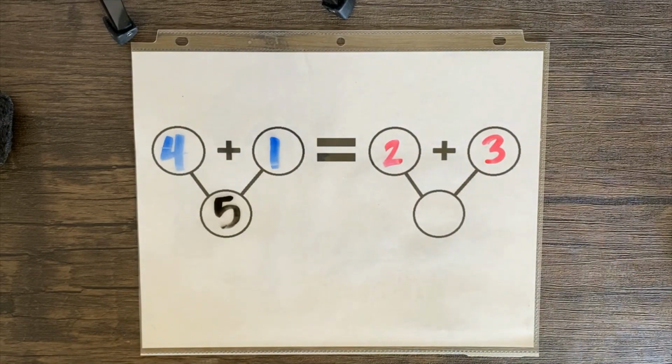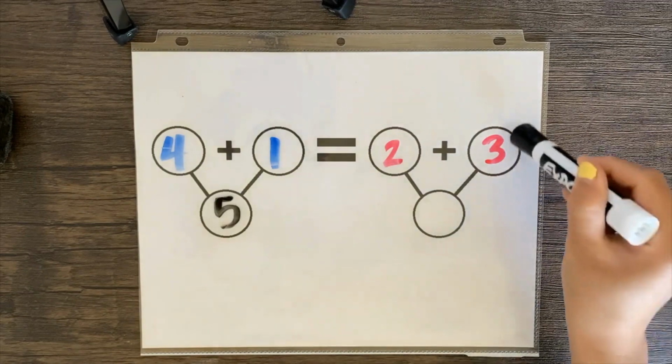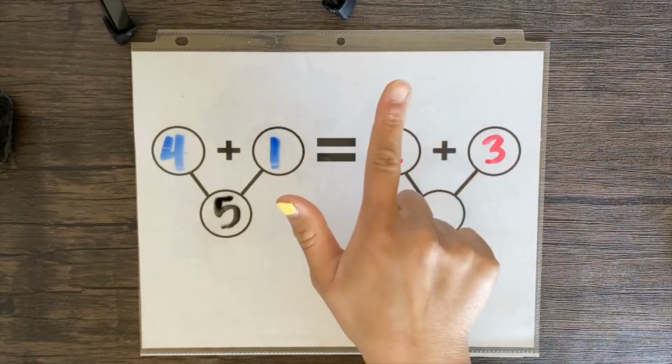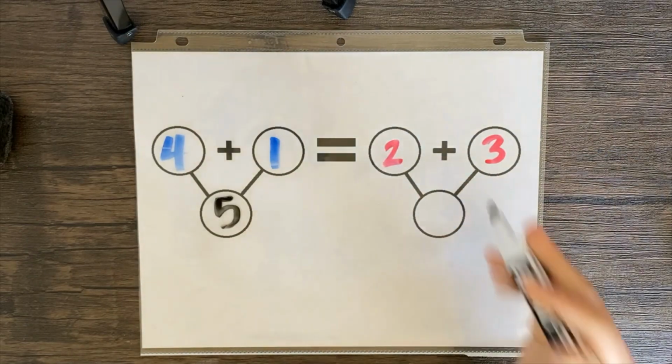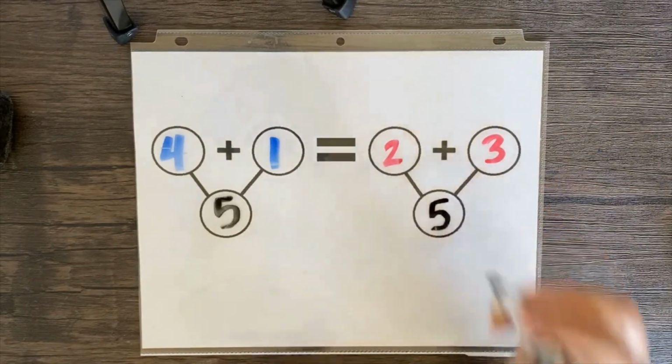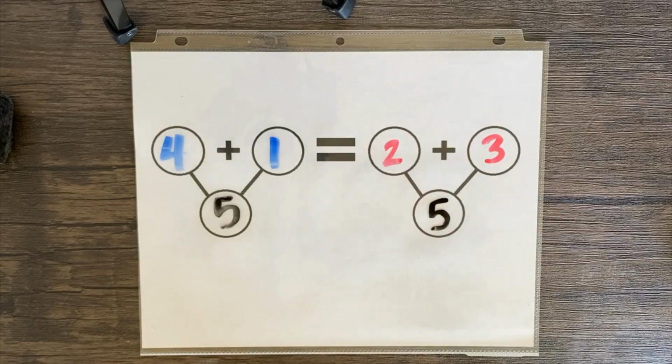I also, again, recommend using the count on strategy to help. Go ahead and put the bigger part in your head, 3. Count on 2. 3 in your head, 4, 5. Great. I see that the whole or the total is also 5. This is a number sentence that is true and both expressions equal each other.